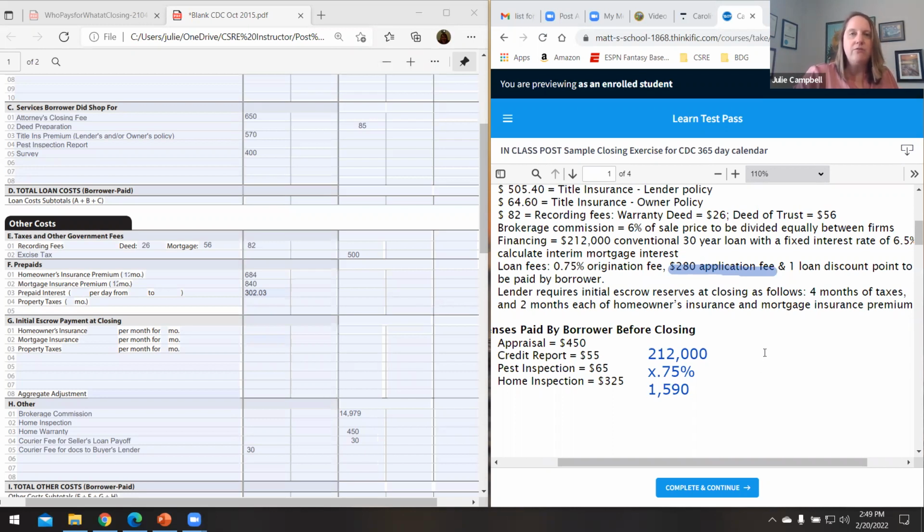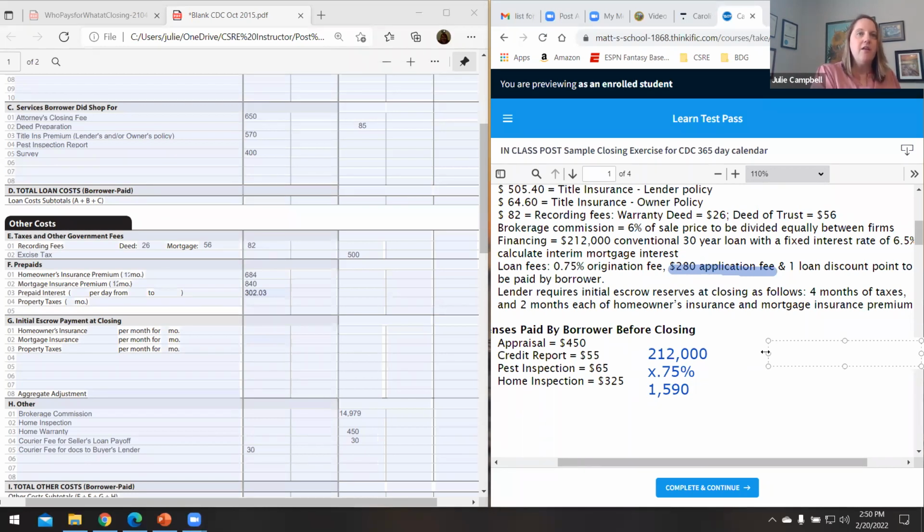And then we have one loan discount point. One discount point is equal to 1% of the loan. 2 discount points would be equal to 2% of the loan. 4.5 discount points is equal to 4.5% of the loan.